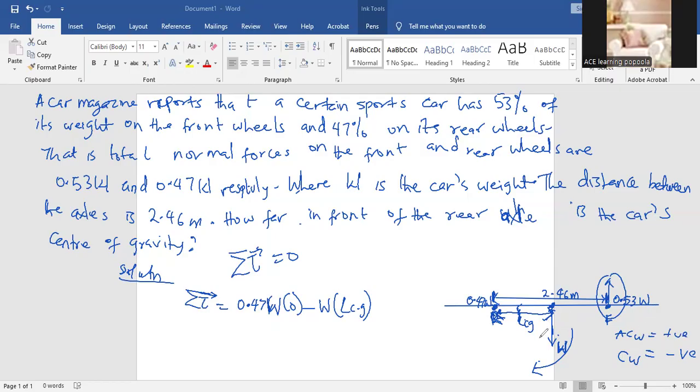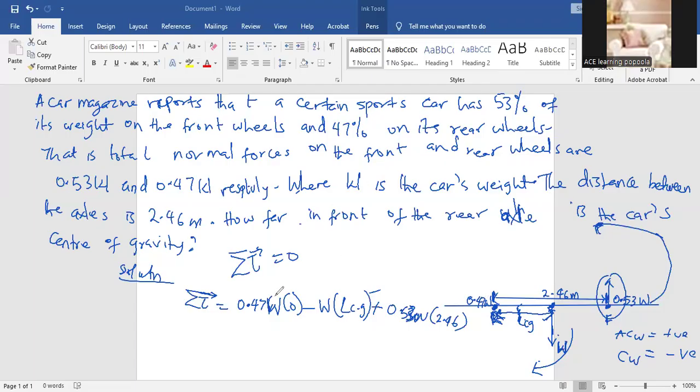If we act as if this W is not here, this one will cause a movement in this direction, right? It's going to turn about this point. Now, this is 0.53 W times this distance, 2.46, and it's anti-clockwise, so it's positive. So that's why it is plus 0.53 W times 2.46.